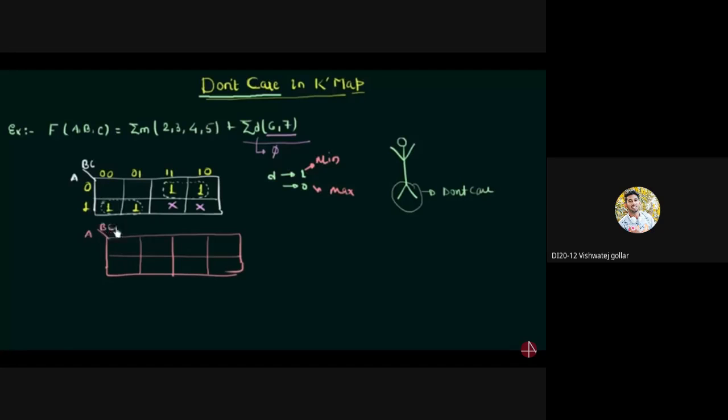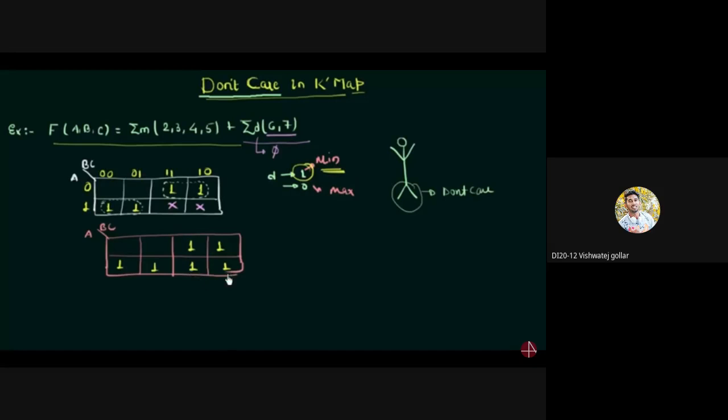This is A, B, C. So this was your 1. I'm just writing this again in this map, but in this map I'm going to change this cross to 1. Why? Because this is the don't care and I can take it as 0 or 1. In this example I'm minimizing my function f using the K map with minterms, and I have already explained that in the case of minterms we take the don't care as 1.